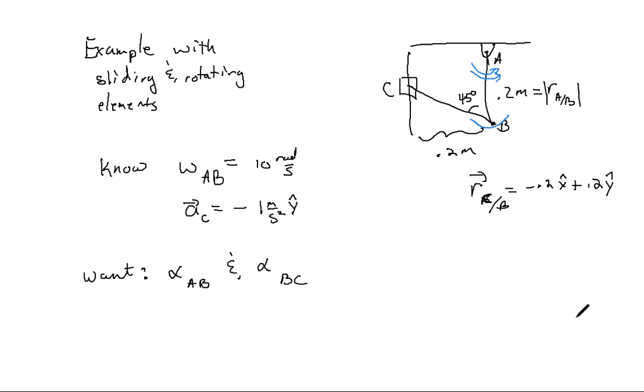Okay, very good. So to do that, probably the first thing we should do is find the angular velocity for link BC.